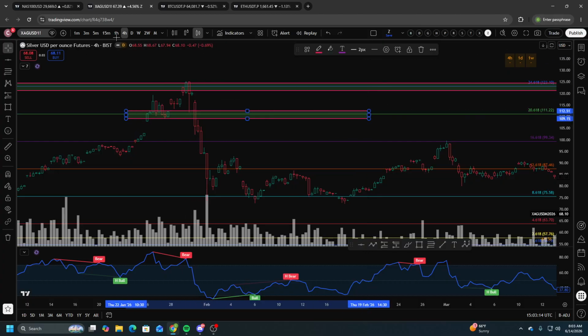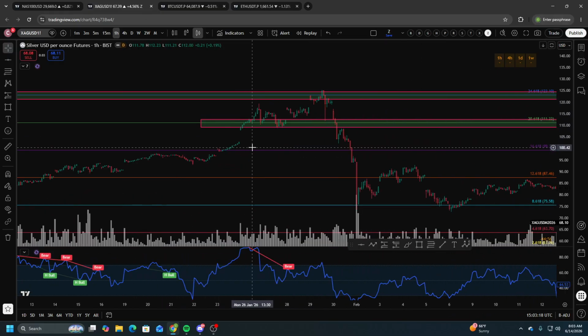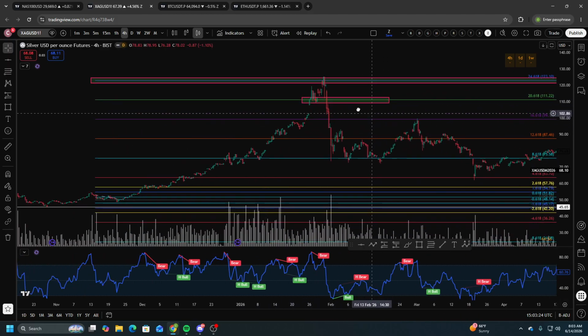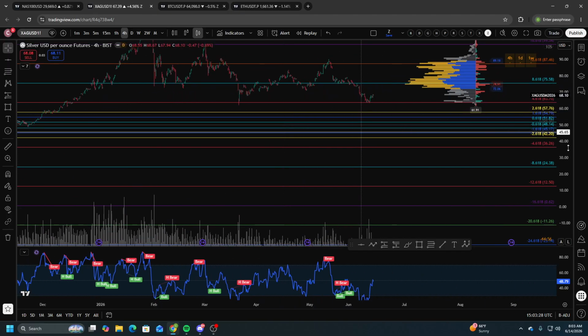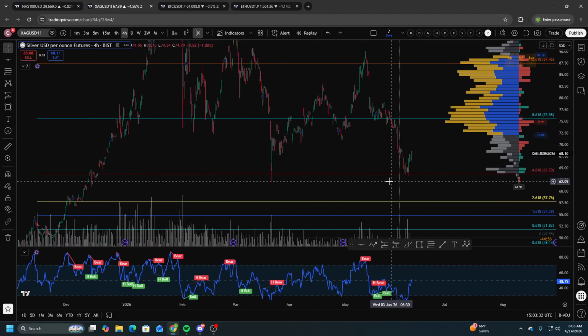Yeah, like barely front ran that. Anyways, a level that's not tested is generally a magnet for price. And to me up there, it looks like it hasn't been tested yet, but you can see how powerful these levels are.